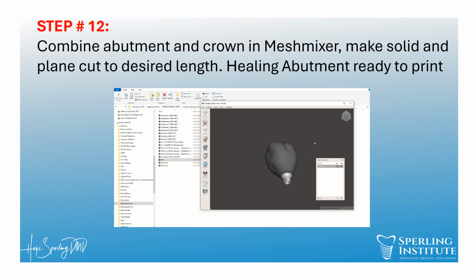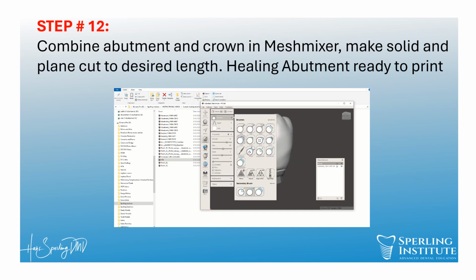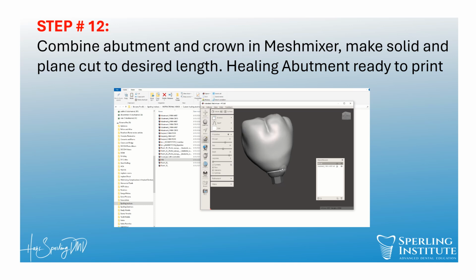Correct? So now if I want to smooth out this connection part, I can do that. So I go to my sculpt tool, I go to my brushes, and I can smooth that out. And I can also do that with a drill or something.